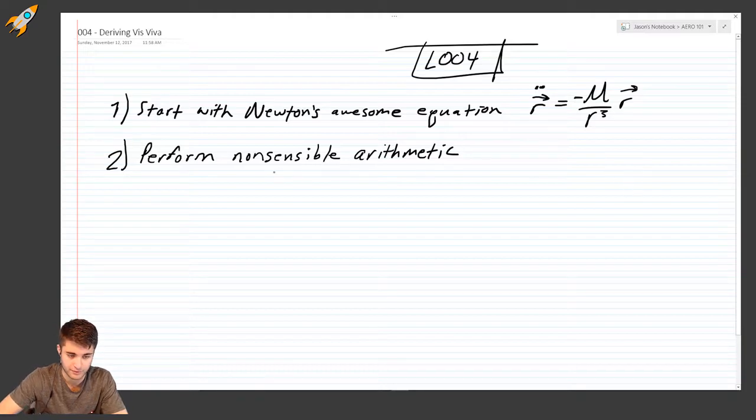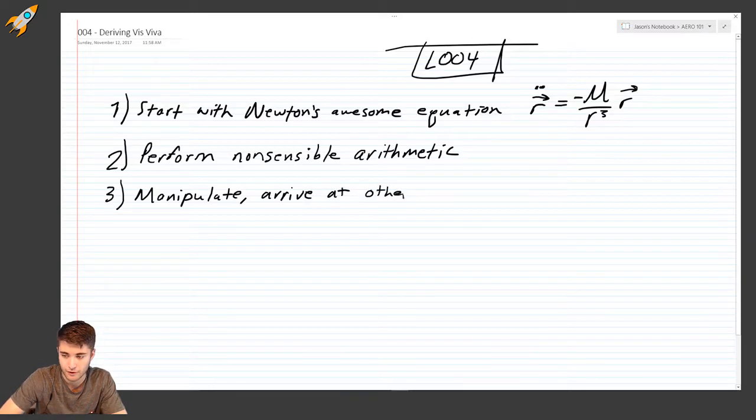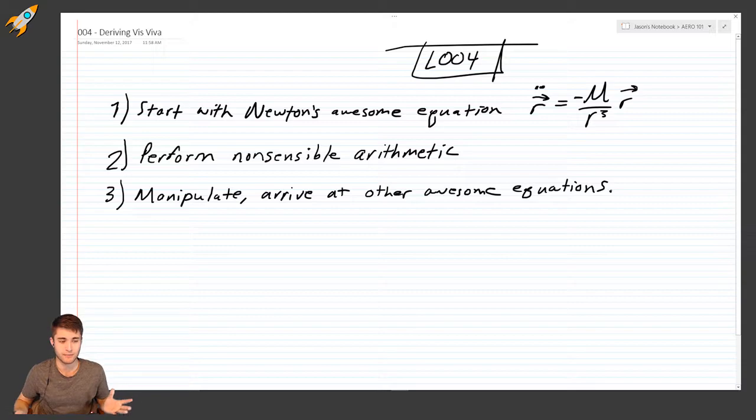And then 3: manipulate, and we're going to arrive at other awesome equations. So that's been the way we've been approaching these problems. We start with Newton's equation of gravitation. We perform some weird arithmetic move that doesn't have any physical meaning to it. We're going to manipulate it, and we're going to arrive at something that's even cooler.